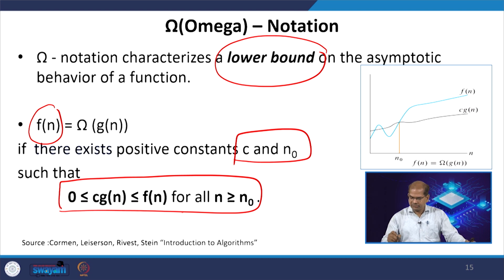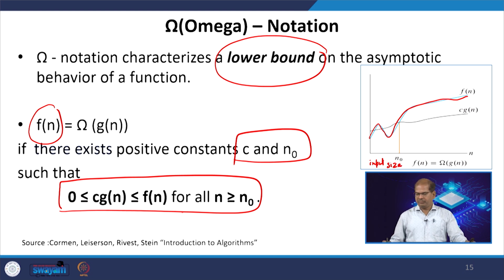In this case, if you can see here, this is my function which is plotted, and your x axis is the size of the input. This n is the input size, and y is the value of the function. I need to find this n naught above which f of n is greater than c of g of n.